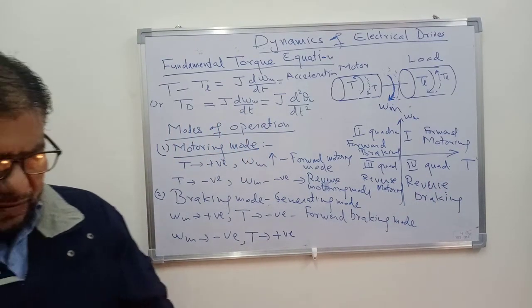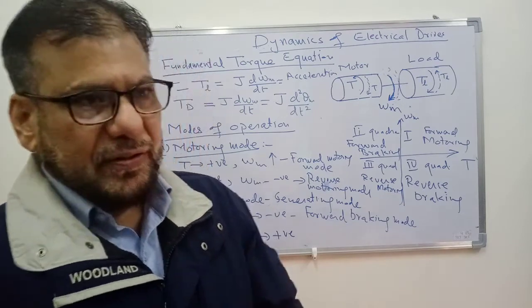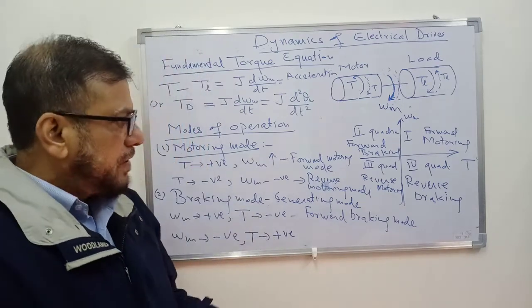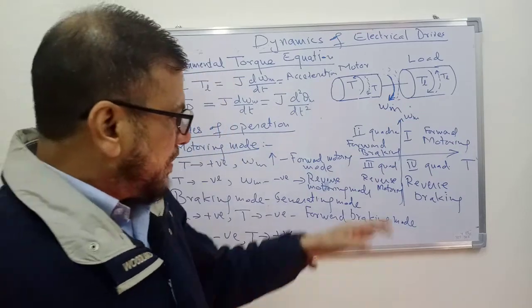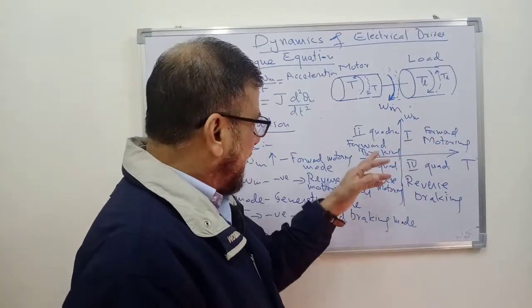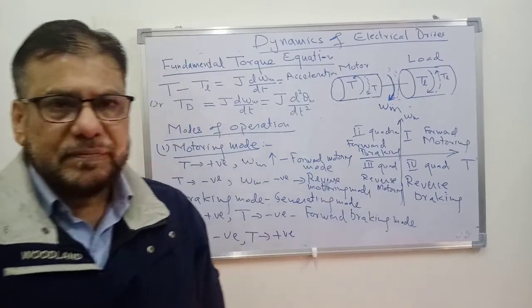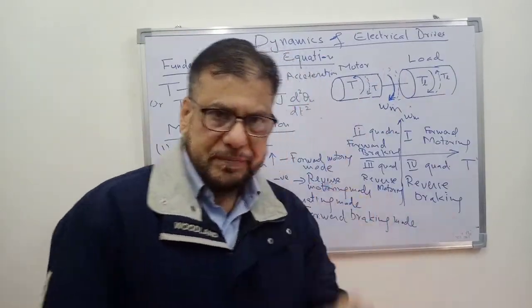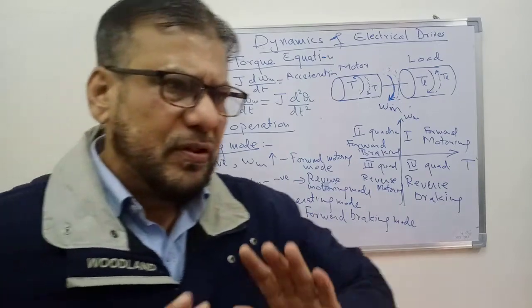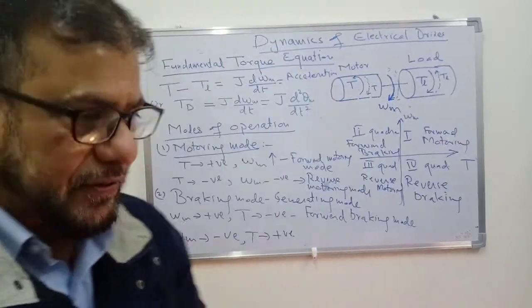Now in different situations, sometimes we require only first quadrant operation, sometimes we require first quadrant and second quadrant operation. Sometimes we may require all the 4 quadrants of operation. For example, you consider your bike, motorbike.